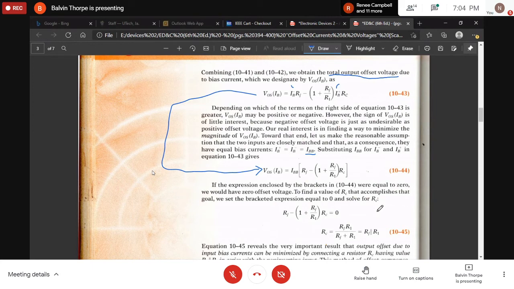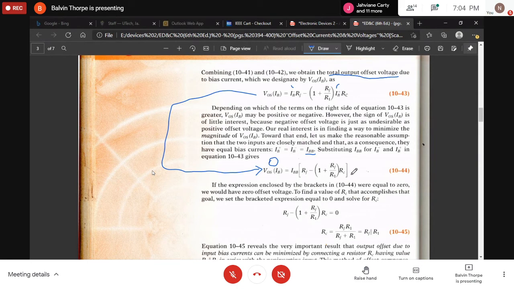Now, ladies and gentlemen, what are we trying to do? We're trying to get rid of VOS, which is what again? The output offset voltage, in this case due to the input bias current. If we're trying to get rid of this, we want it to become zero.